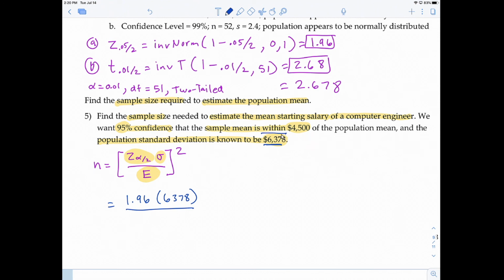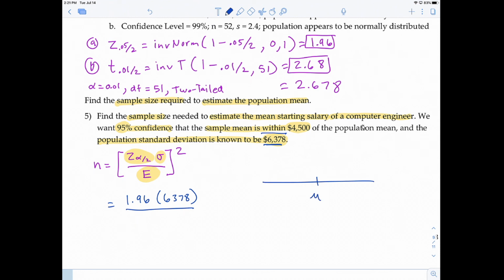Now, don't count on always seeing the word within to determine your margin of error, but just know what the margin of error means, right? The margin of error is how far you're off. Essentially when it says we want 95% confidence that the sample mean is within 4,500 of the population mean, let's just say this is the population mean.